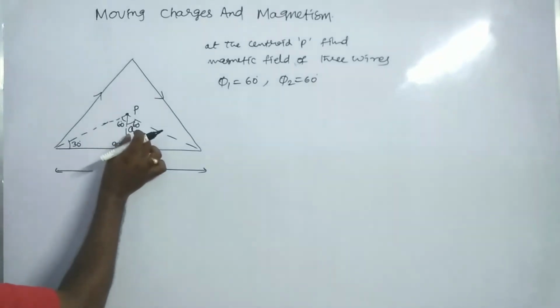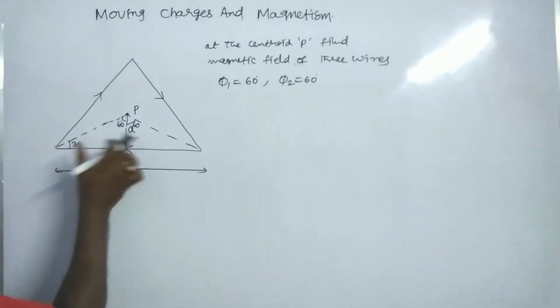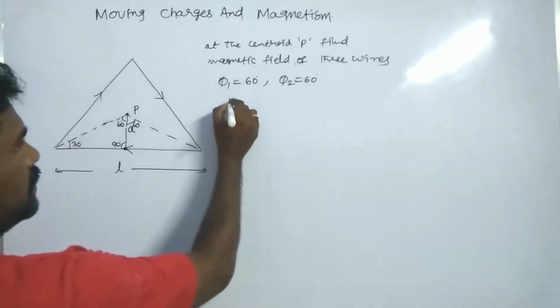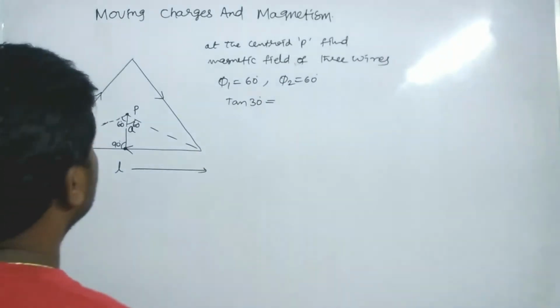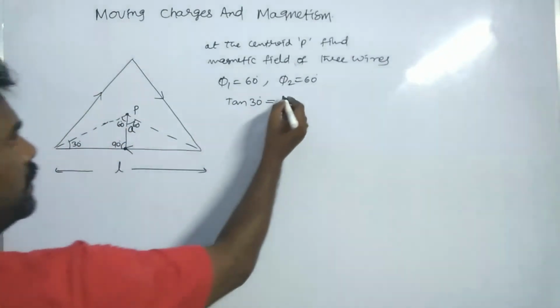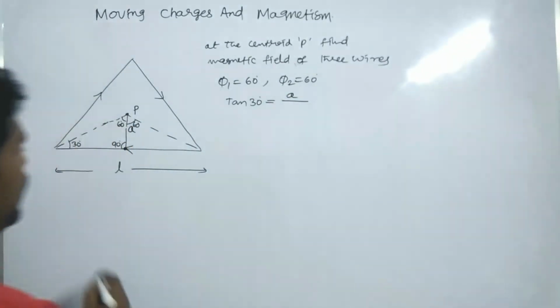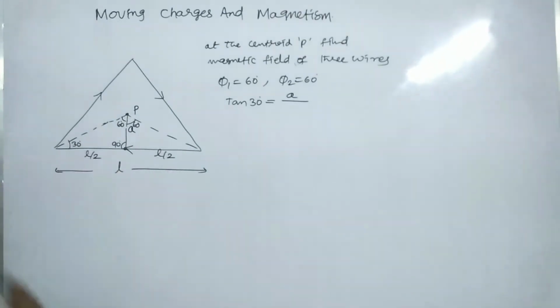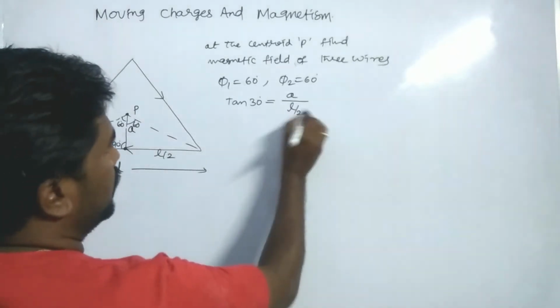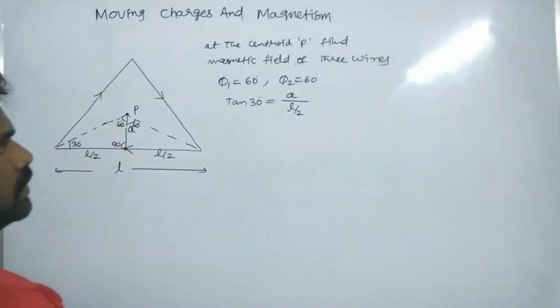You can measure the perpendicular distance. Perpendicular distance is the side opposite the angle, so you can find tan 30 is equal to A by, opposite by adjacent. Adjacent, how much is it? Here it is L by 2. Right?